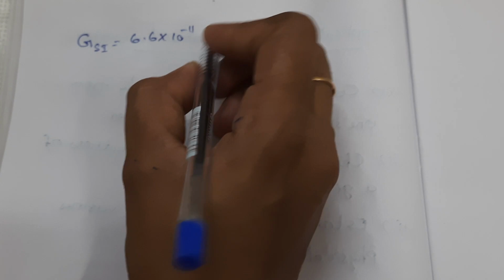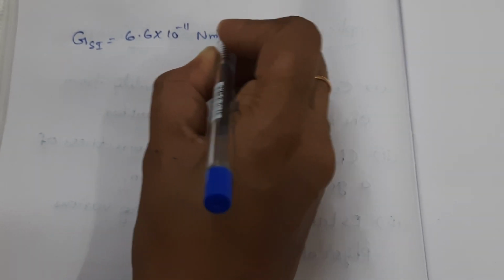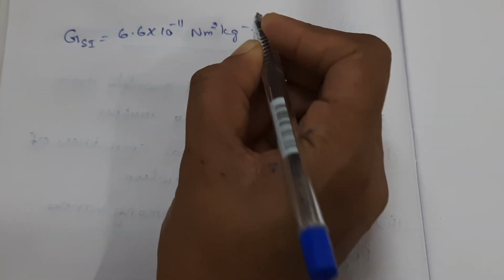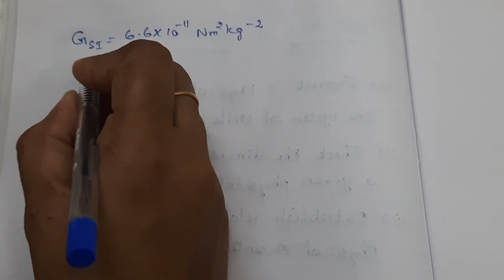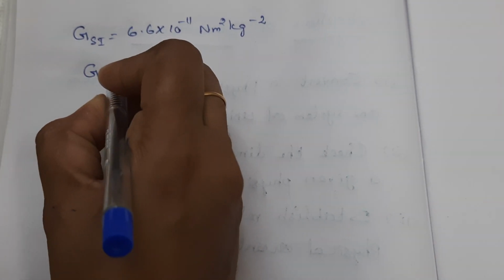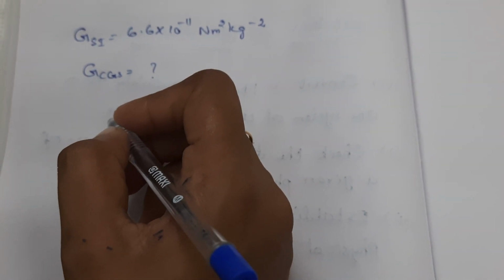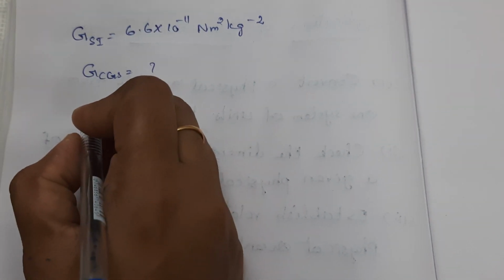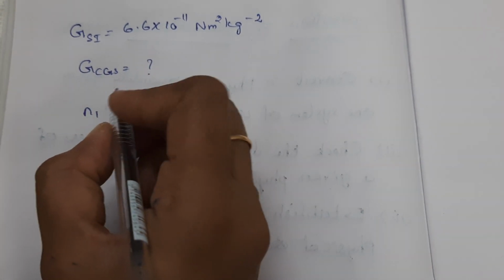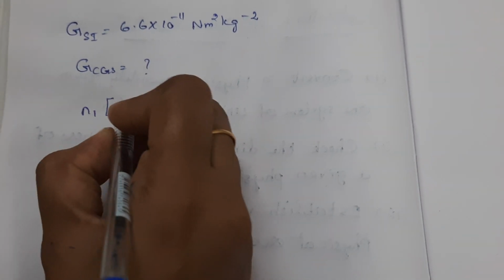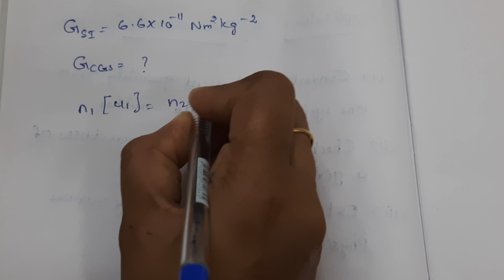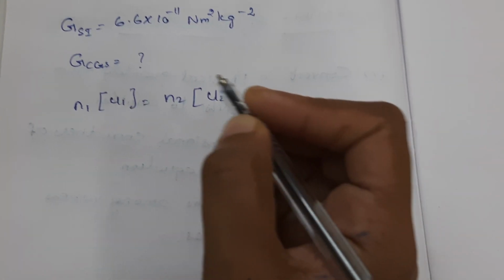G_SI value is 6.6 into 10 power minus 11 Newton meter square kg raised to minus 2. G_CGS value we have to find out. So what is the formula we are using? n1 u1 is equal to n2 u2.